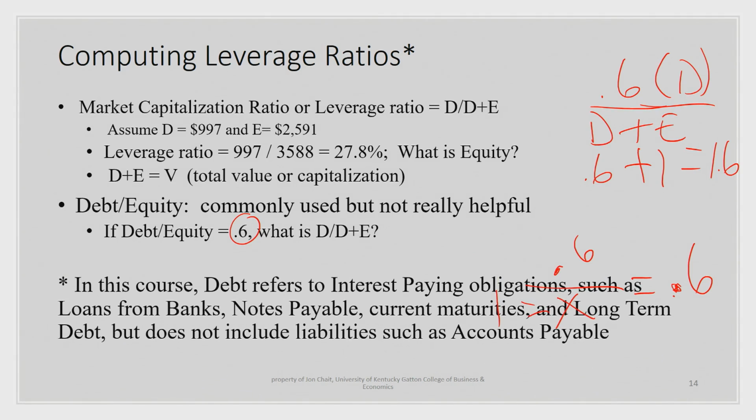In our course, when we talk about debt, we're talking about interest-bearing liabilities or interest-bearing obligations, and those might be called loans from. So when we look at a balance sheet, we may see a variety of different things. They might be called loans from banks. They might be called notes payable. There will be a caption usually of current maturities of long-term debt.